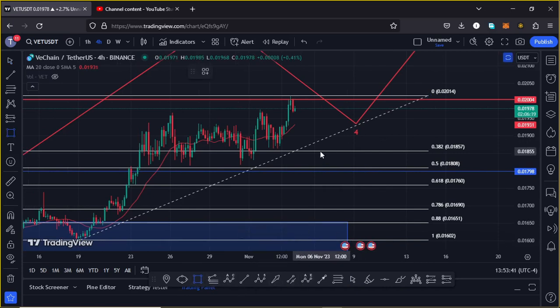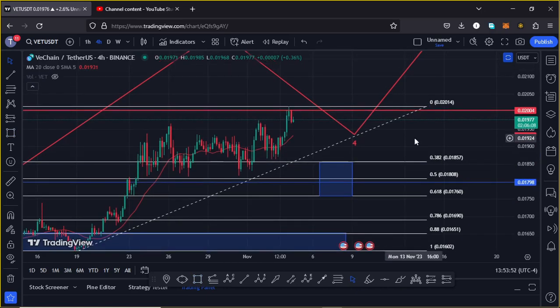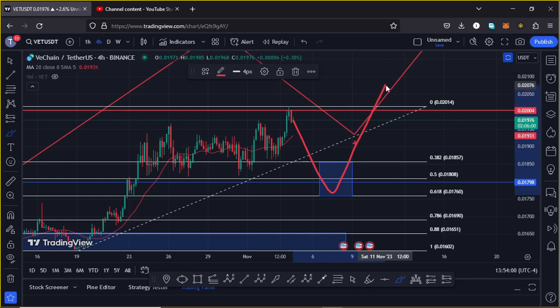And I can mark that target area here on the charts between the $0.01857 mark and the $0.0176 mark. And this is the area within which we can expect a reversal to play out and then continue seeing that massive push to the upside, break above the $0.02 mark, and continue seeing higher prices.